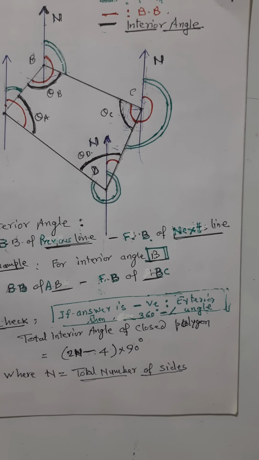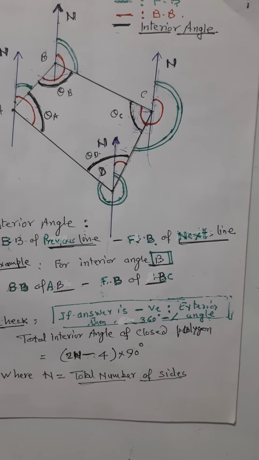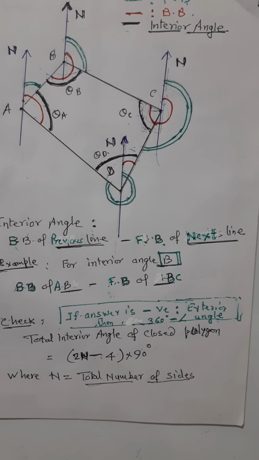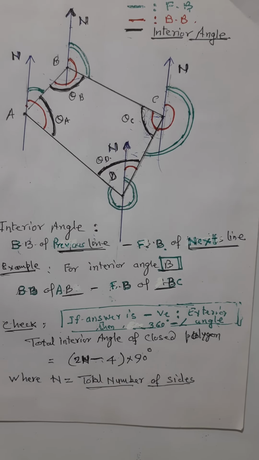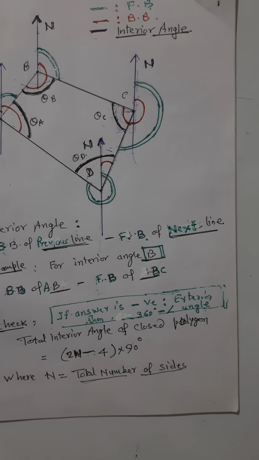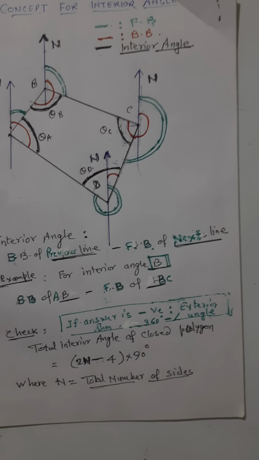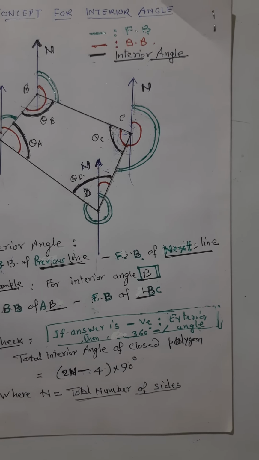After studying this, we will try to solve one numerical to calculate the value, and after this we will go for calculation of the correction when there is local attraction.